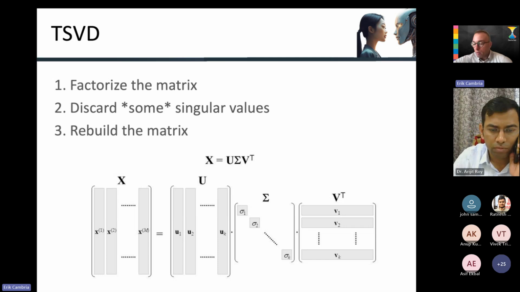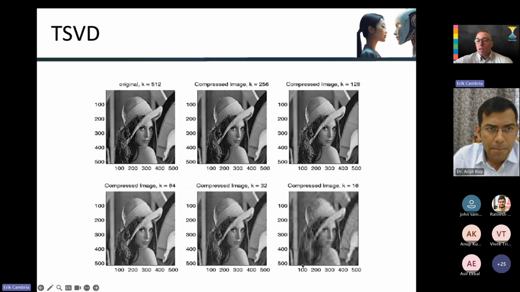The only thing that will change depending on the domain and the data is how many of these singular values I can throw away. When I'm talking about images, you can cut away a lot.